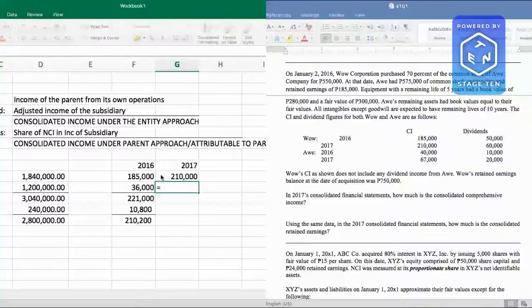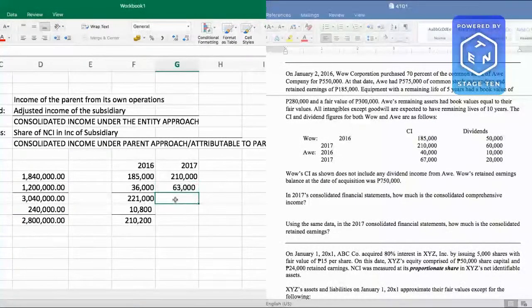So this one minus 4,000 will give you 63,000. Again, you will have to do this every year until the asset is fully depreciated. So in the sixth year, no need for amortization, no need for adjustment, because the asset is no longer there. There will no longer be a difference in depreciation expense.